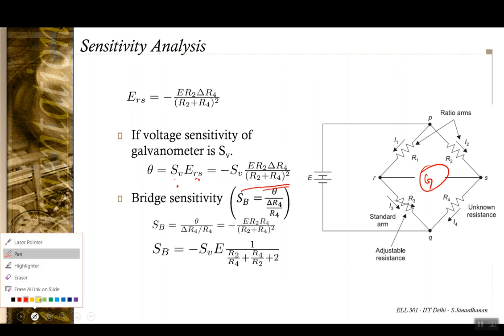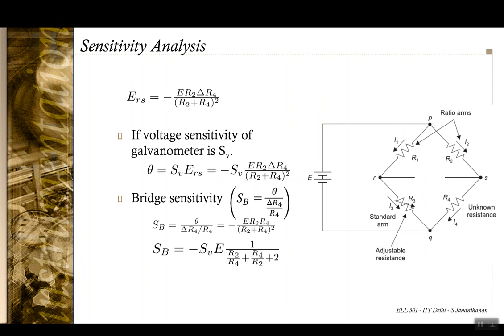And the bridge sensitivity is the deflection relative to the deflection in the resistance. So theta had gone from 0 to some value of theta, and R4, the unknown resistance, had gone from R4 to R4 plus delta R4. So your bridge sensitivity is theta by delta R4 by R4, and if you simplify it, you end up with this expression.